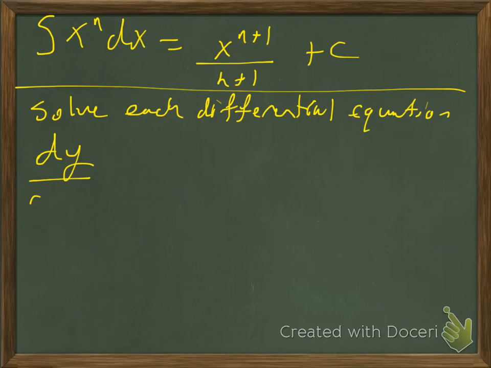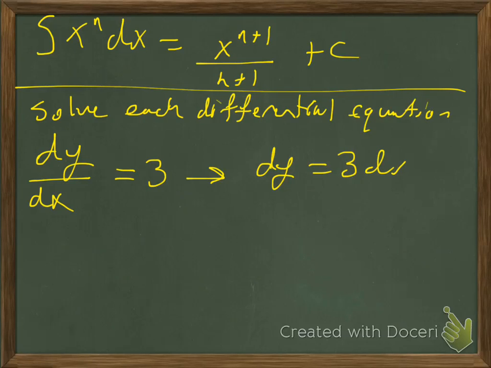So dy/dx is equal to 3. So write it in differential form. dy equals 3 dx. So we just got to think about who do I take a derivative of to get 3. So that's really asking me who has a slope of 3, and it's going to be y equals 3x plus some constant. Okay, so dy is equal to 3 dx.